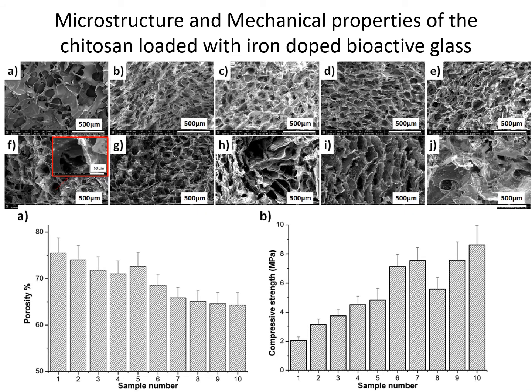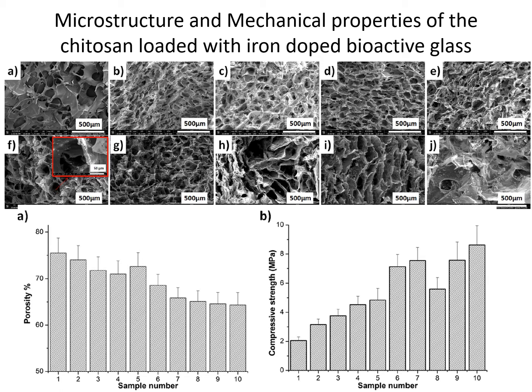This is the morphology and microstructure of the prepared nanocomposite scaffold. We can see here on the top left that Chitosan itself has very smooth pore walls and irregular orientation of these pore walls.